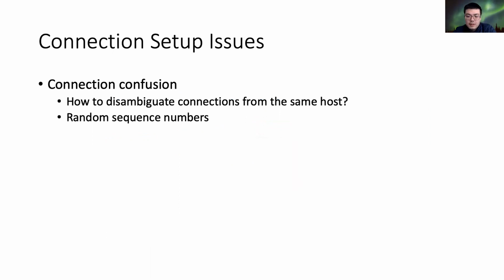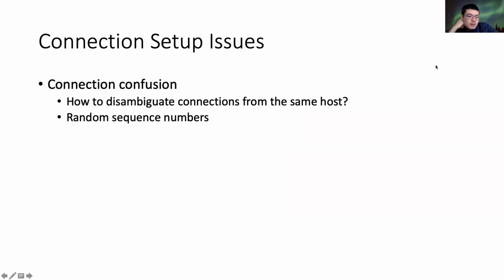Now, the connection setup has some issues, and that's why we need the random sequence number. Firstly, this is for connection confusion.